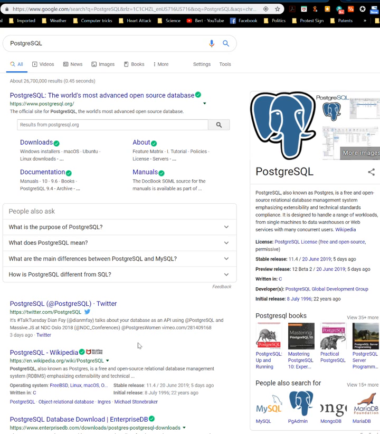Yeah, I don't see any open source relational data. Yeah, it's just a flat out relational database. So, I don't know. Is there any reason to go with this versus any of the others?